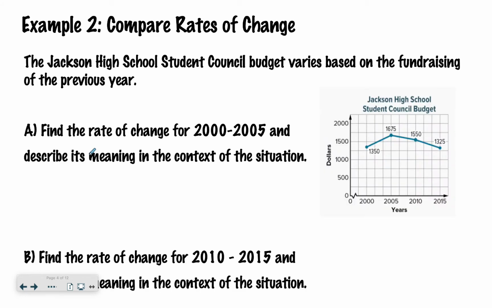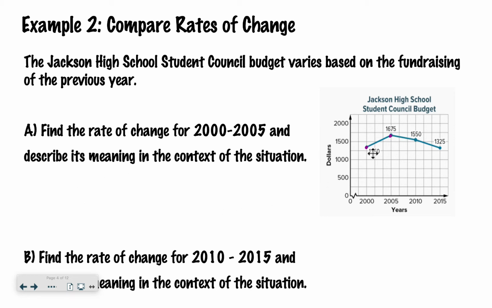All right, example 2. The Jackson High School Student Council budget varies based on the fundraising of the previous year. Find the rate of change for 2000 to 2005 and describe its meaning in the context of the situation. Okay, so that's part A. 2000 started at $1350. 2005, it got up to $1675.